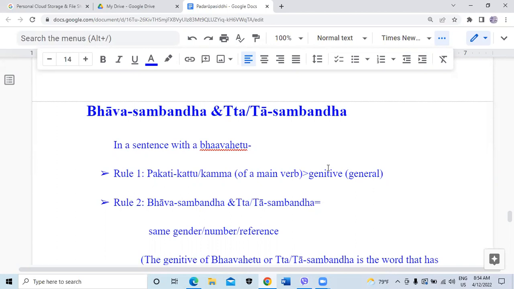Maybe that person has many sticks. You have to change the vikha. Tanda, Asa, Santiti, Dandi. Dandi stays Dandi.